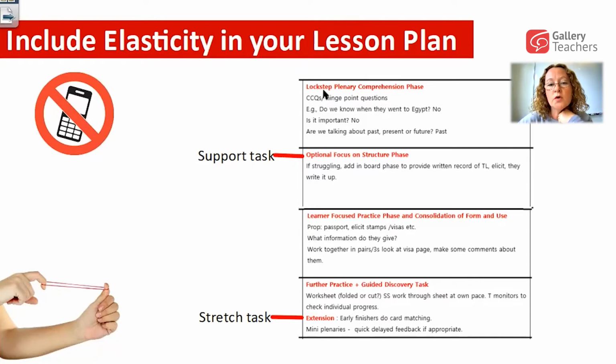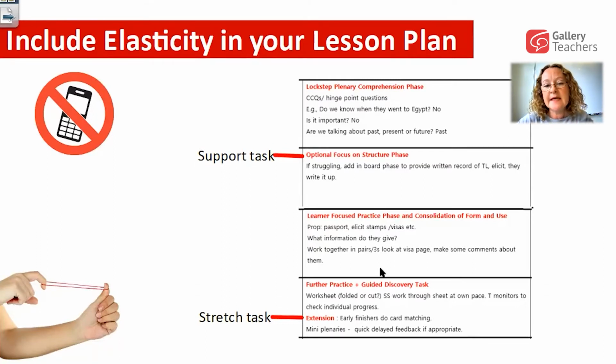The word lockstep means that everybody works on a task at exactly the same pace and speed. That does not allow for great differentiation because you're pulling all your learners through a point at the same speed. Plenary, if anyone hasn't come across this, is the whole class, open class stage.